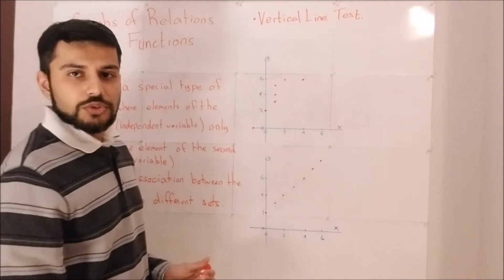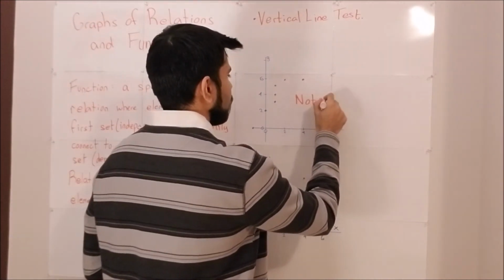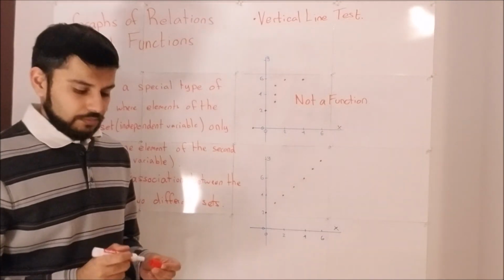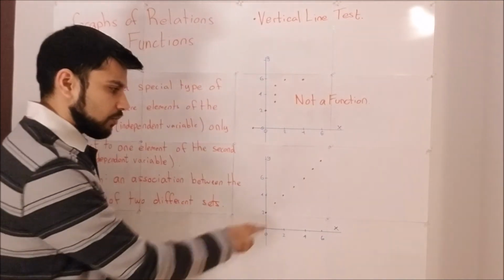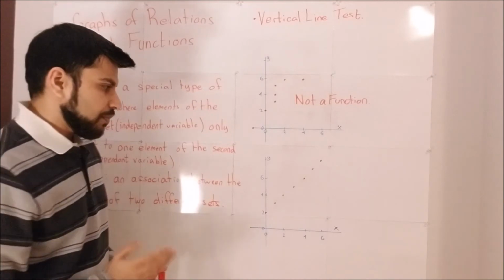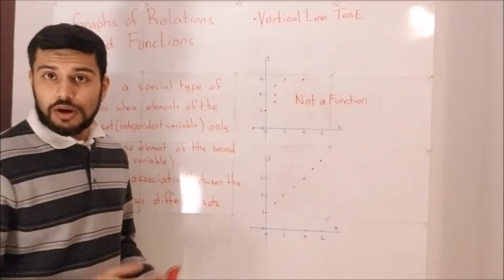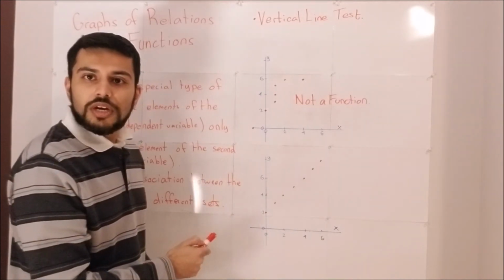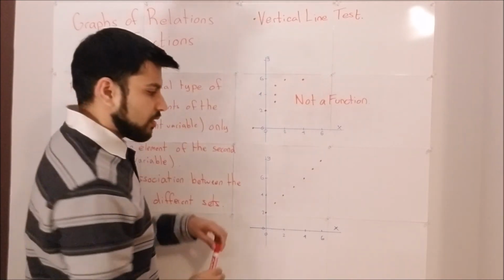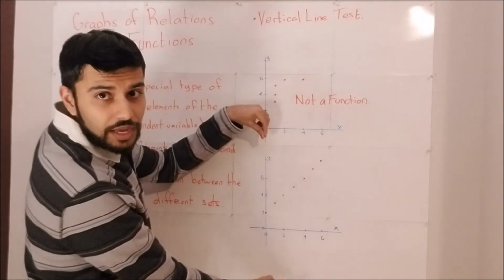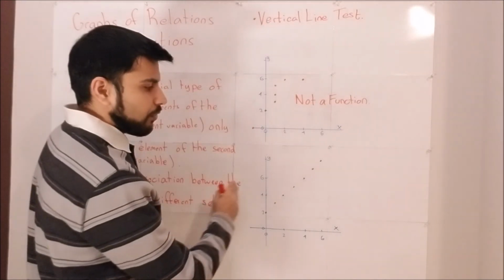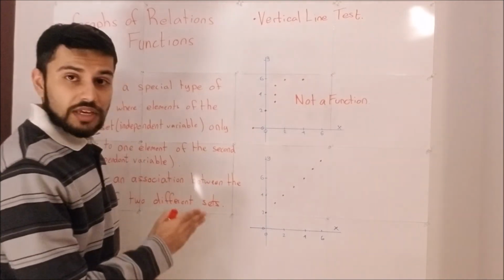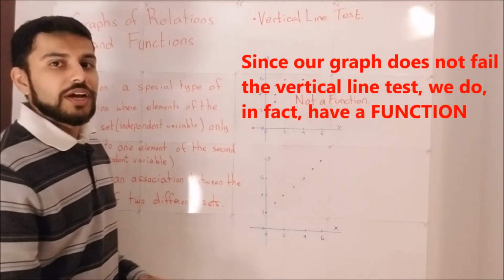Therefore, this first graph is not a function. My second graph down over here, again, I've intentionally made it look like it should be obvious. Yeah, it's a straight line. You can put a line over top of that if you wanted to, but we're dealing with a vertical line test. So if I make a vertical line, am I ever going to cross more than one point? And the answer in this case is no, therefore I do have a function.